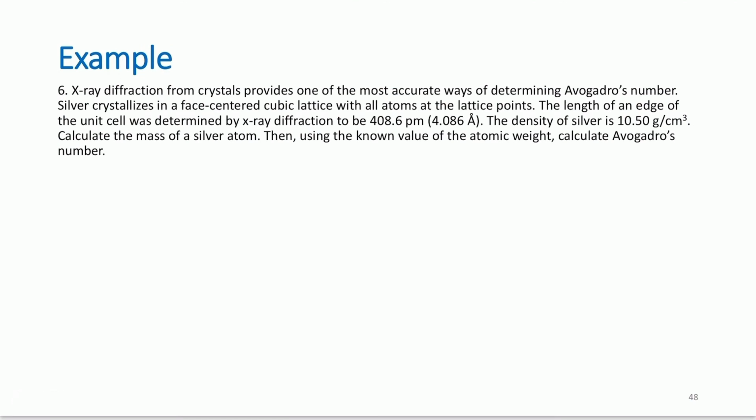Okay, here is one of the challenge problems that I pulled from one of the textbooks. But you guys can do this. X-ray diffraction from crystals provides one of the most accurate ways of determining Avogadro's number. Silver crystallizes in a face-center cubic lattice with all atoms at the lattice points. Remember, face-center cubic means 4 atoms per cell.